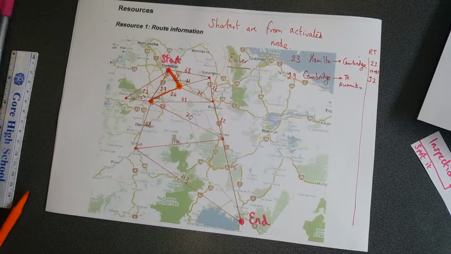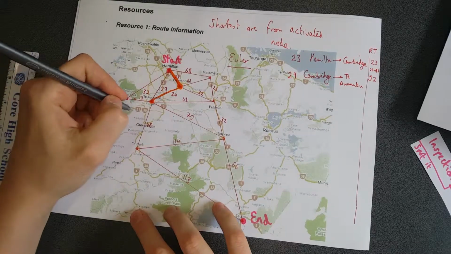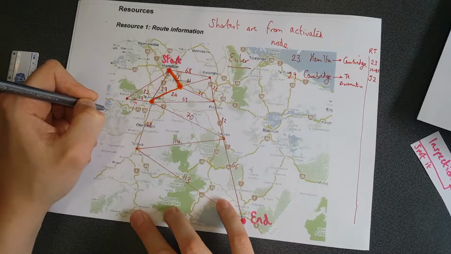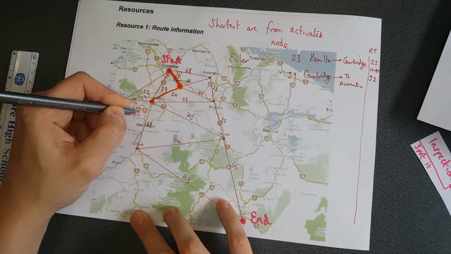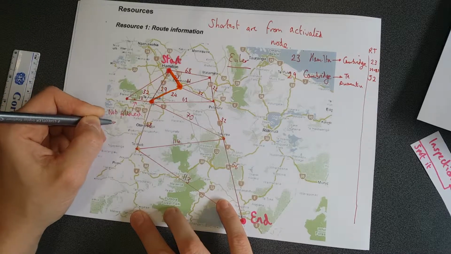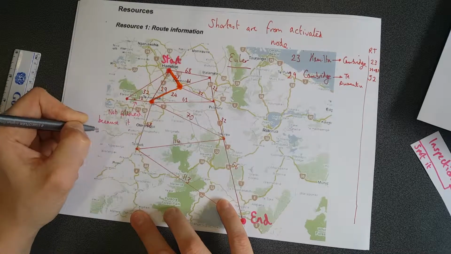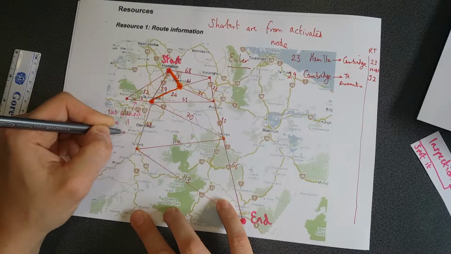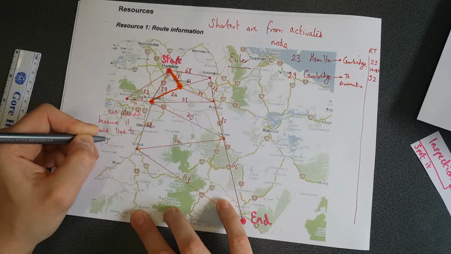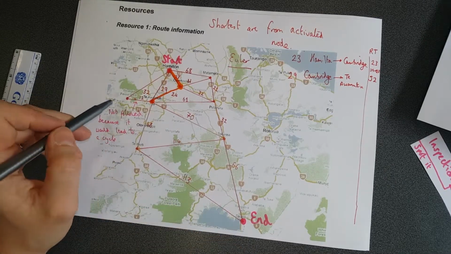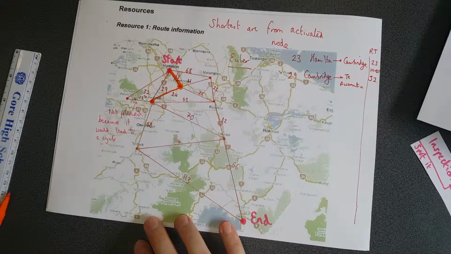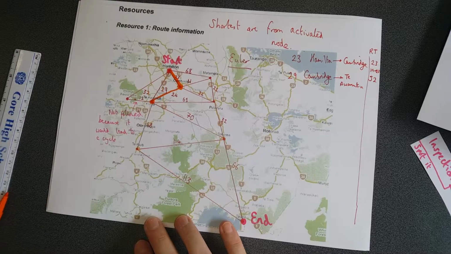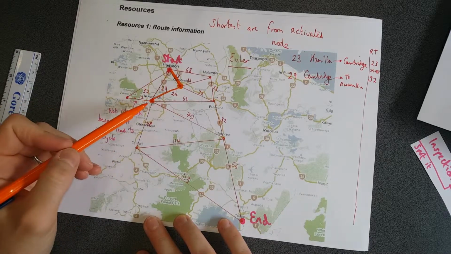So I can put a label here, just explaining to the examiner that I'm not going to follow it, because it creates a cycle. And what I mean by a cycle is, if I follow that route, eventually I'll just go back round on myself.